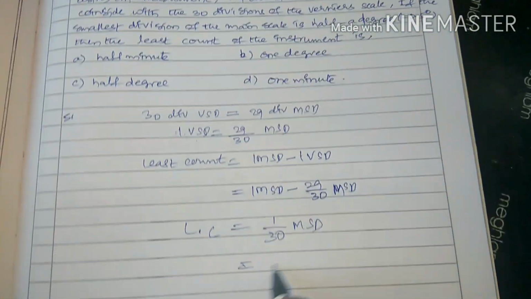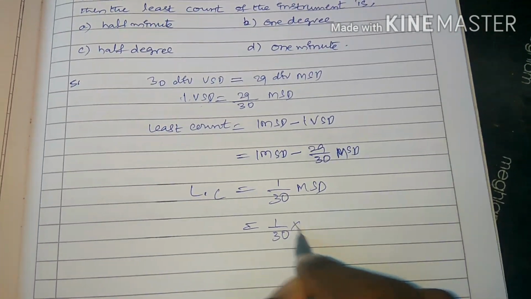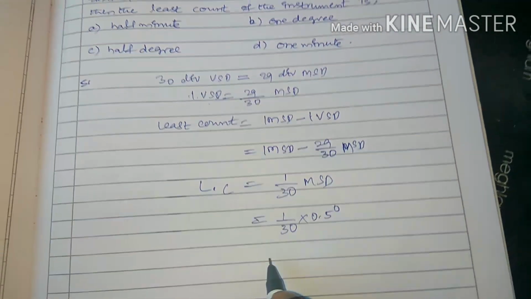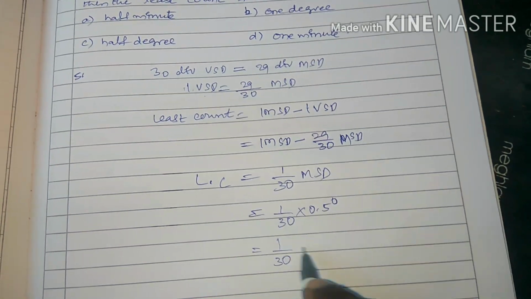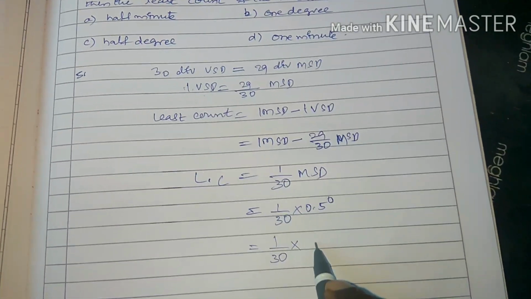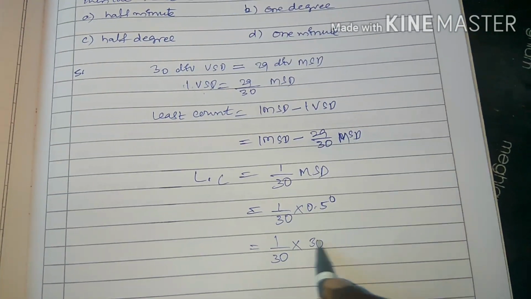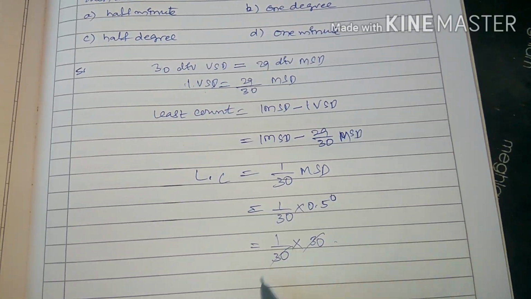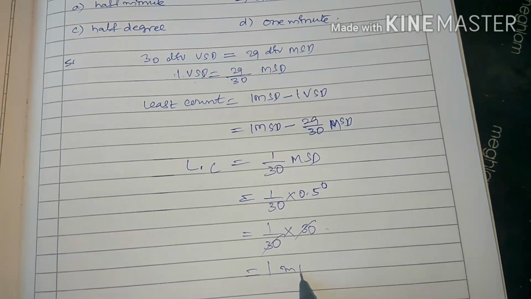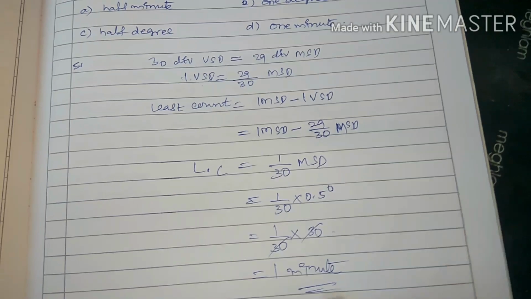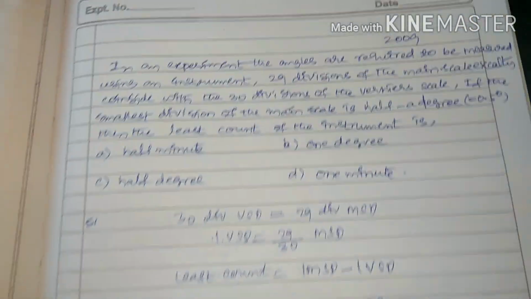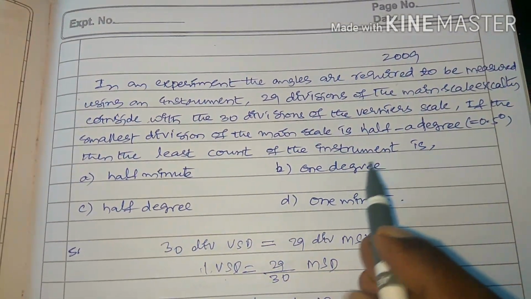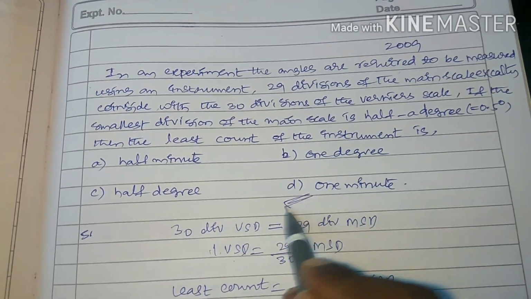So it can be written as 1 by 30 into 0.5 degree, which is 30 arc minutes divided by 30. So it is 1 minute. Therefore the least count of the instrument is 1 minute. Option D is the right answer.